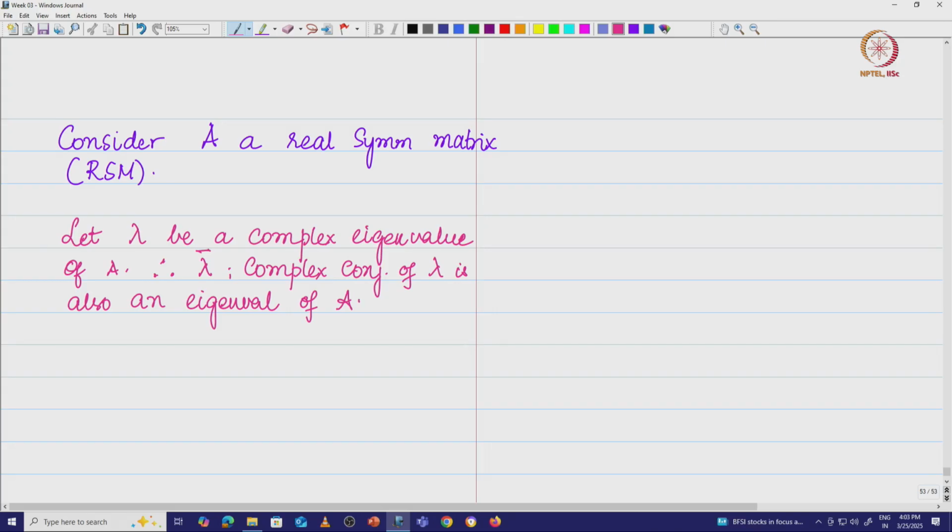So let us assume that U is an eigenvector associated with lambda.